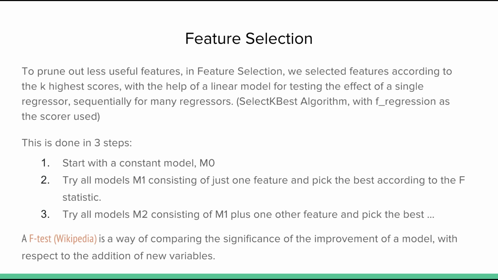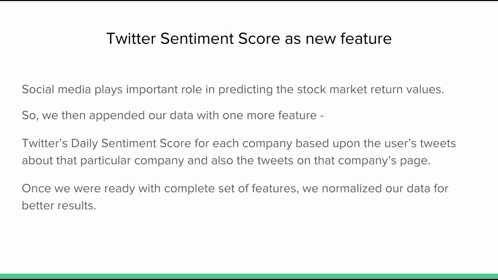There is one model, say M0, and then we try all the possible models M1 by just picking one feature according to the F statistic, and then we move on, picking in a similar way, trying more features. In this phase, we also added a new feature for Twitter sentiment analysis. These give a sentiment score for the tweets that the users give about the company.